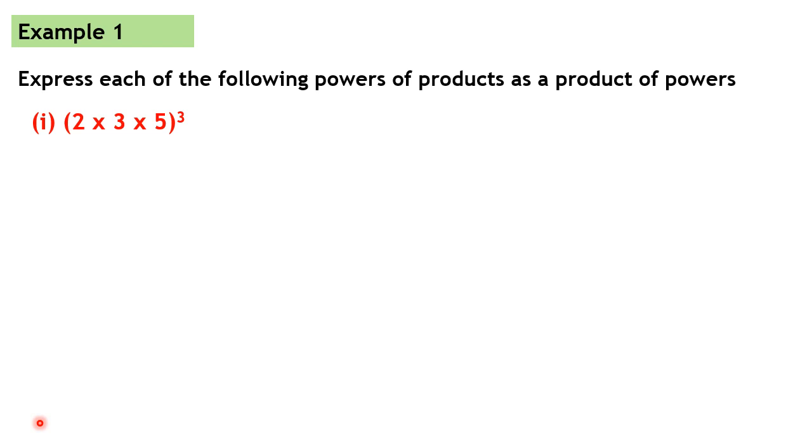As we studied earlier, when a complete power is there, we can give this complete power to each and every factor separately. According to that, when the given power of a product form is written in the product of powers form, the power 3 is given to each and every factor: 2 to the cube, 3 cube, here 5 cube.